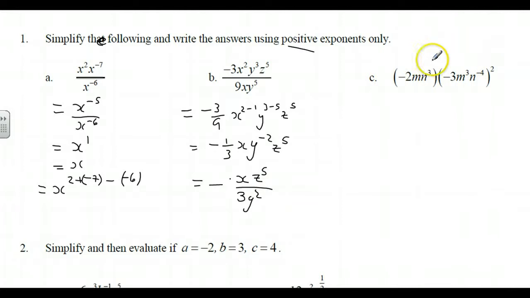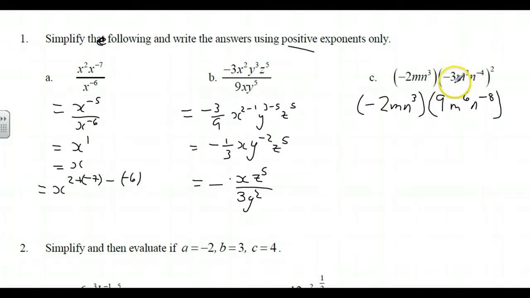Order of operations, we need to square this first. So before we can do the multiply, mn cubed. Okay, this will become positive 9. This is m cubed squared, which is m to the 6th, and this is n to the negative 4th squared, which is n to the negative 8. We're doing power to a power, right? So that we are squaring. We're squaring the negative.